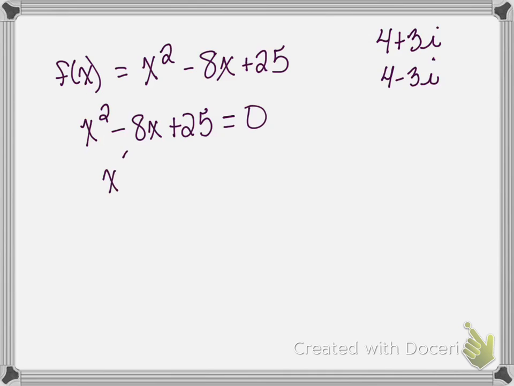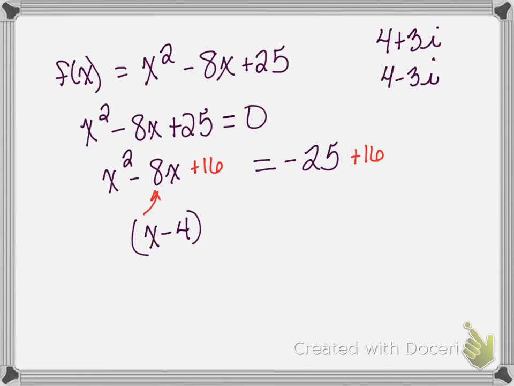So I have x squared minus 8x, and I'm going to move that 25 over, so I have negative 25. When I'm completing the square, I take half of my b value, so half of negative 8 is negative 4, and I square that. Negative 4 squared is 16, and so I add 16 to both sides. I factor the left-hand side, so I have x minus 4 squared, and I simplify the right-hand side, and I'm left with negative 9.